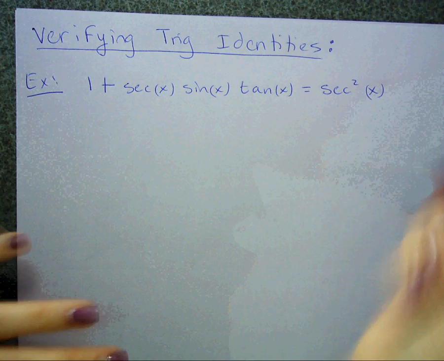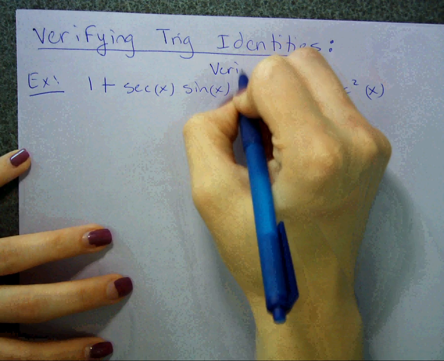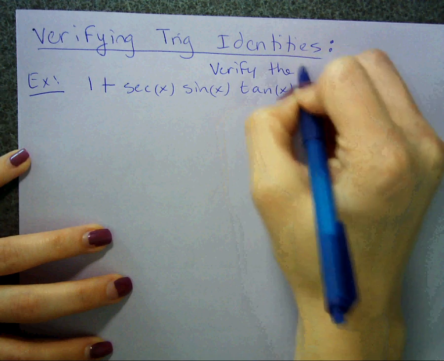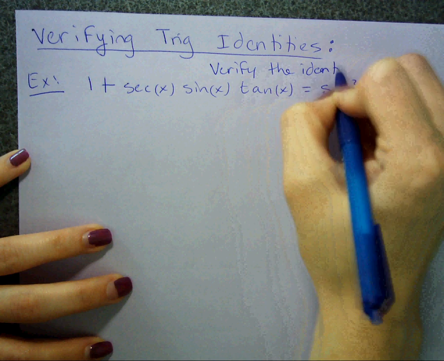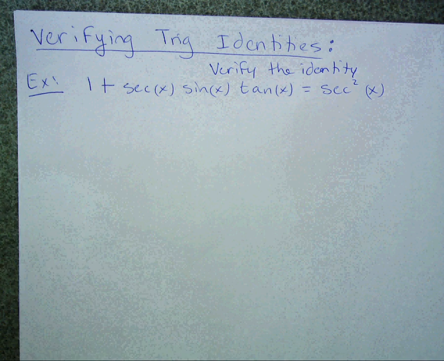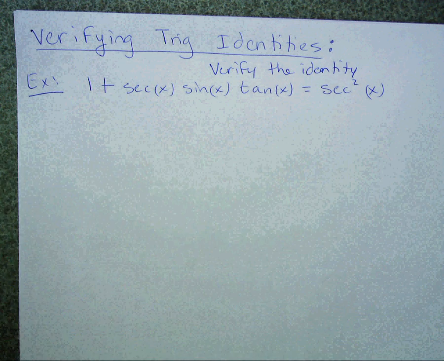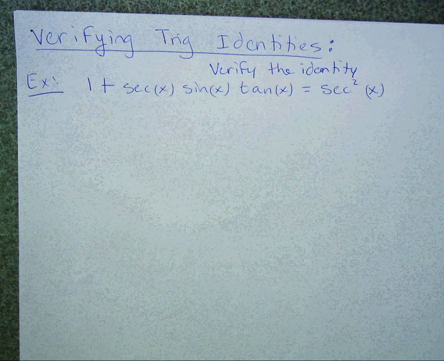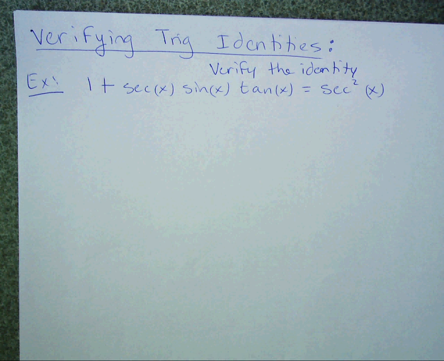And I want to verify the identity. So I want to show that this is true. I want to prove that this is actually true. That 1 plus secant of x, sine of x, tangent of x is actually equal to secant squared of x.